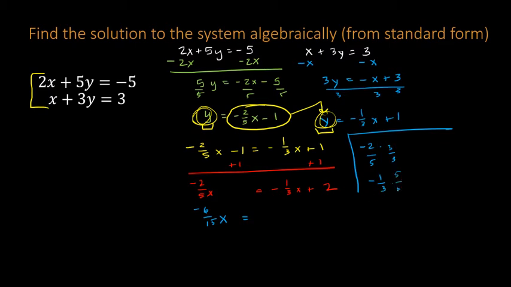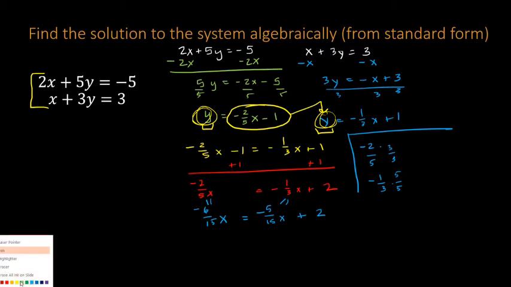To do that, I'll have to multiply by 5 over 5. So this is equivalent to negative 5/15 x and then plus 2. I don't have to rewrite 2 as anything, right? Because all I did was, these are equivalent numbers. I just rewrote them with new denominators so that it's easier for me to deal with them.